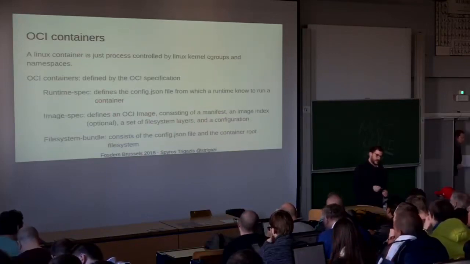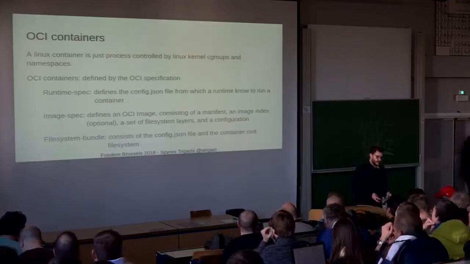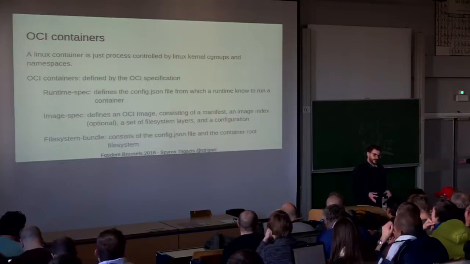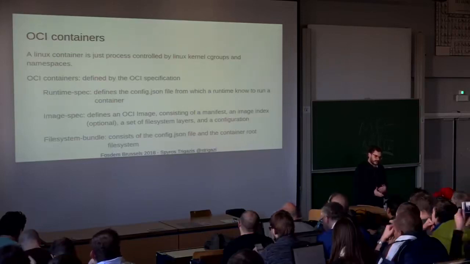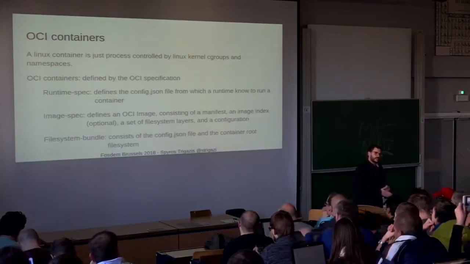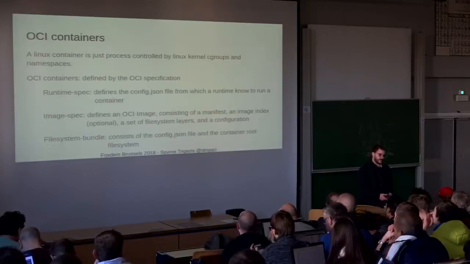Then there is the image spec, which defines how the image should be composed, that the image should have a manifest that describes the layers with the image index, and also the set of layers described in the image index. And of course it has the configuration.